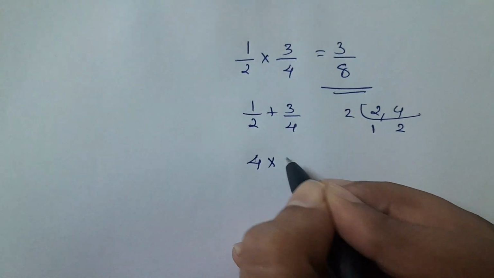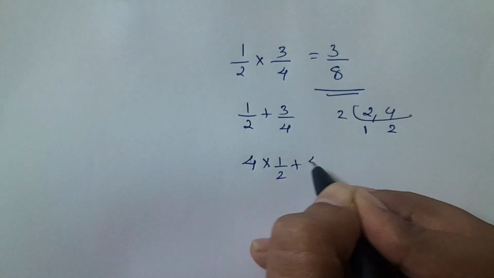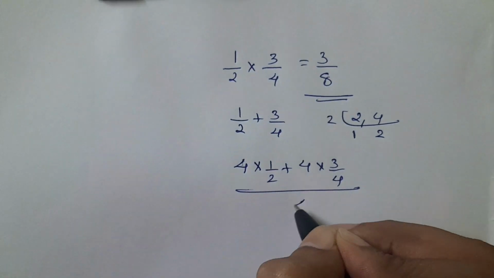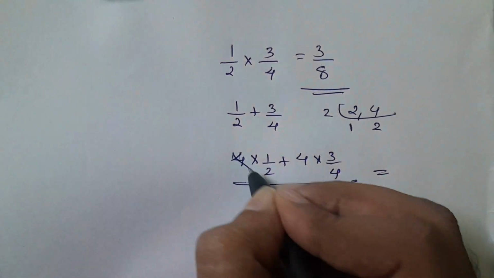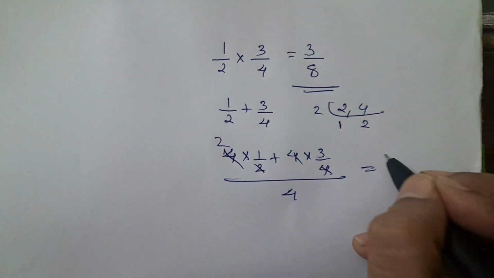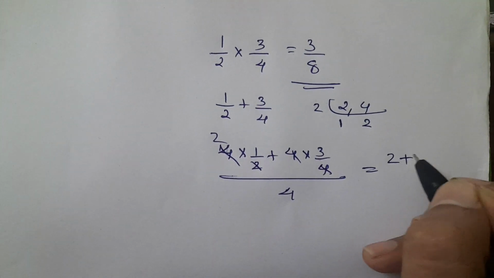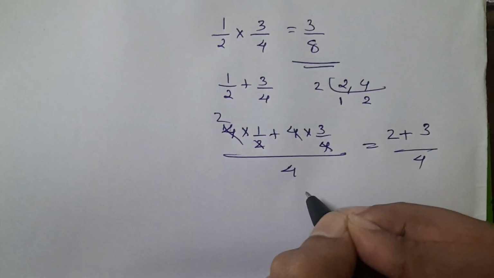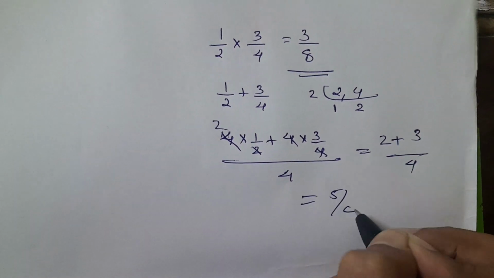Then 4 into 1 by 2 plus 4 into 3 by 4, the whole divided by 4. That is 2 plus 3 divided by 4.